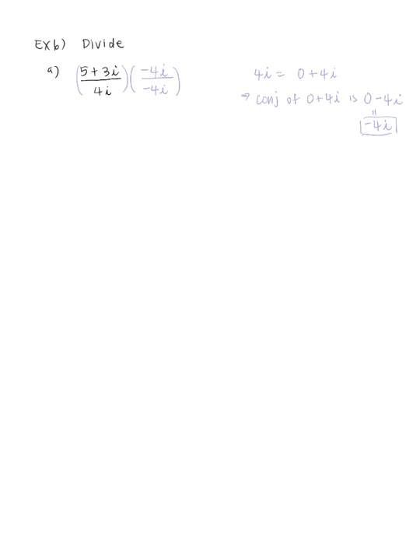Okay, so now let's start. If I rewrite this nicely, we have negative 4i. We're going to be distributing negative 4i to 5 plus 3i. And on the bottom denominator, we're going to have negative 16i squared. All right, we got this. So distribute. We have negative 20i and then minus 12i squared, whole thing divided by negative 16 times i squared, which is again negative 1.